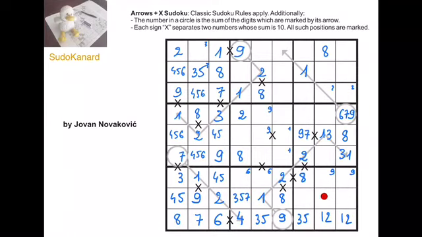So we know that this can't be a 4, because then 4 would be next to a 6 without an X symbol, which is forbidden. Oh, on this column, 9 is not here, it's not here, it's not here, so it has to be here or there. So this won't be a 9.